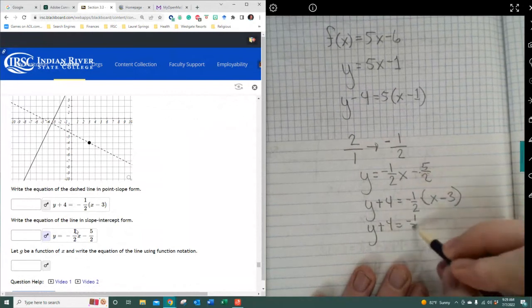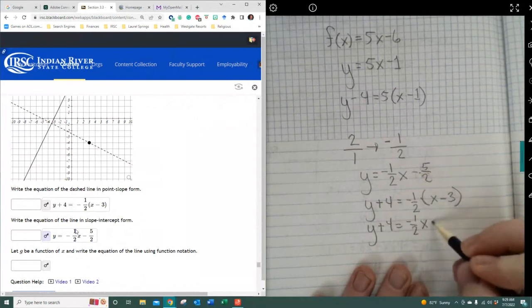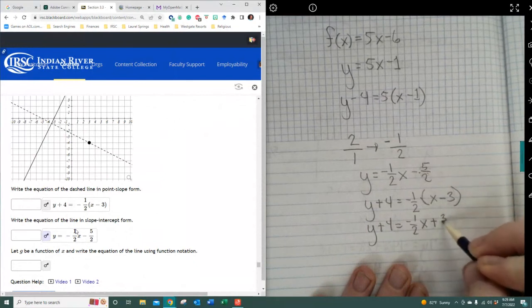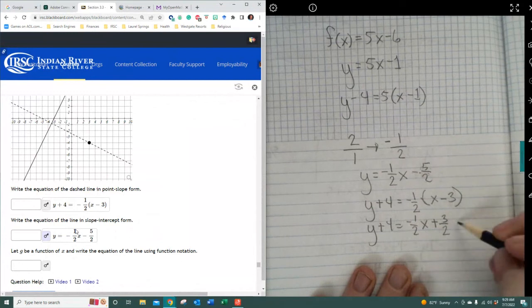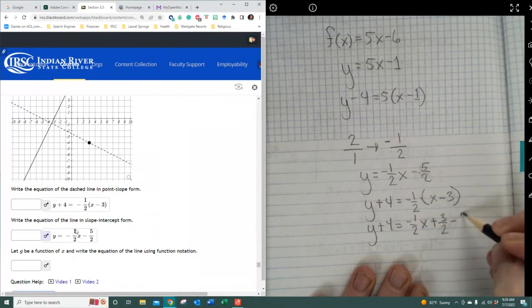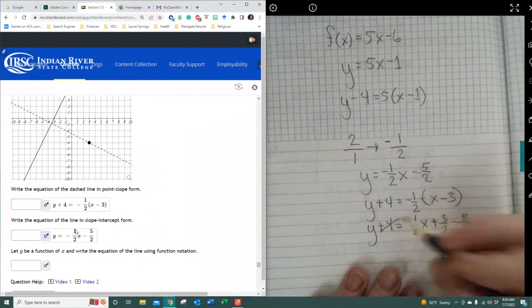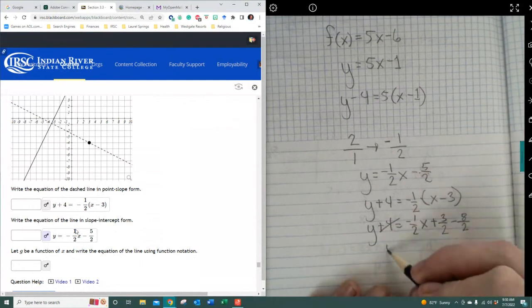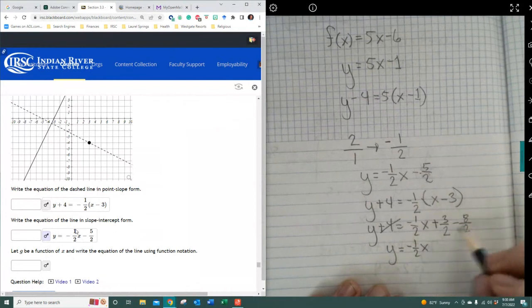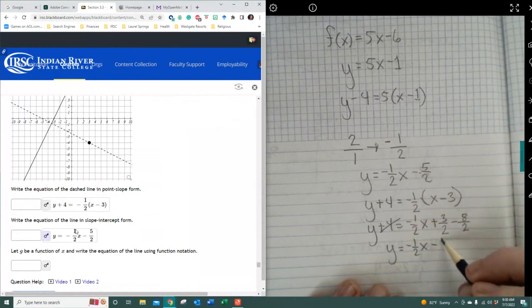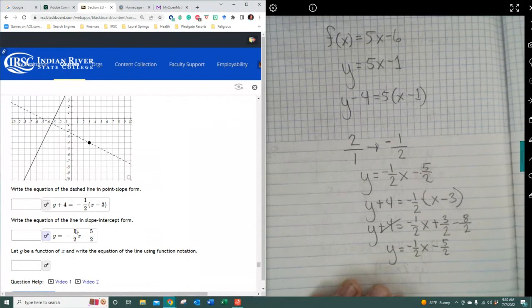So just go ahead and do 1/2 x, and then plus, then you multiply it out, right? You get this, and then you subtract 8/2, and that's y, because you're subtracting 4, you get y equals -1/2 x, and this gives you -5/2.